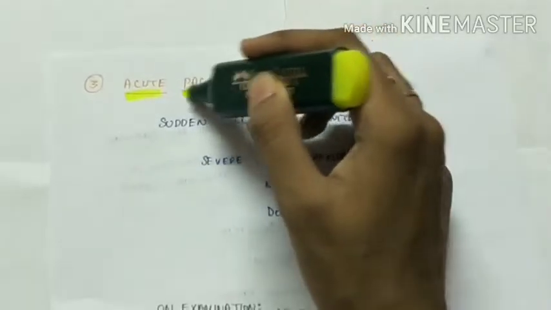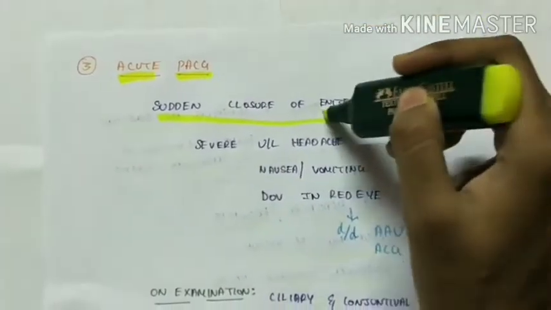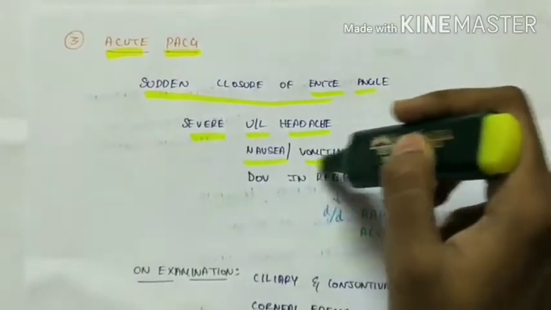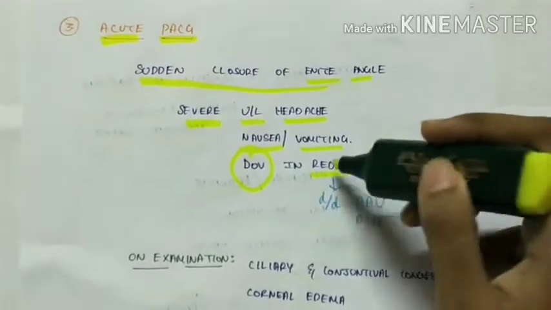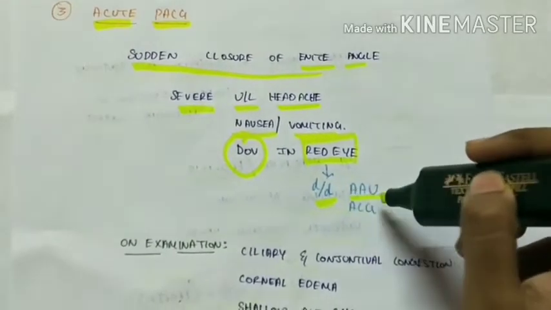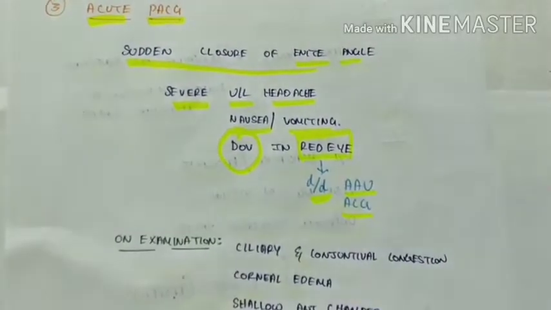The third is acute primary angle closure glaucoma. Due to sudden closure of the angle, there is severe unilateral headache, nausea, vomiting, and diminution of vision in the red eye. So the differential diagnosis for the red eye is acute anterior uveitis and acute congestive glaucoma.